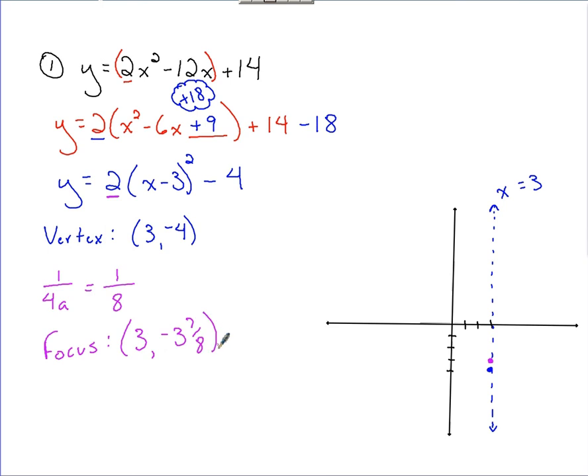What this 1/8 also gives me, if I go 1/8 of a unit down from my vertex, is what is known as the directrix. The equation for this directrix is going to be y equals, I went down 1/8 of a distance from negative 4, so I could just say negative 4 1/8.